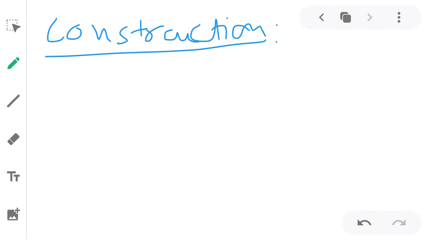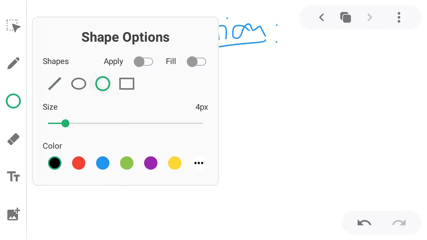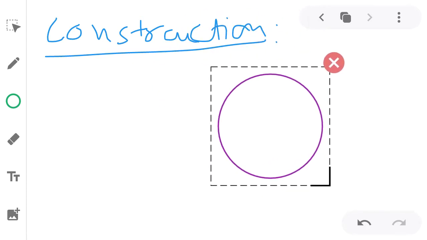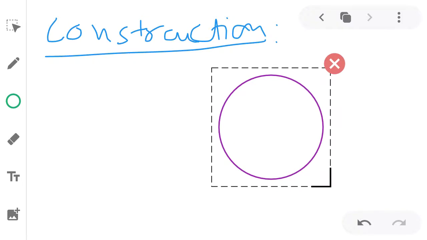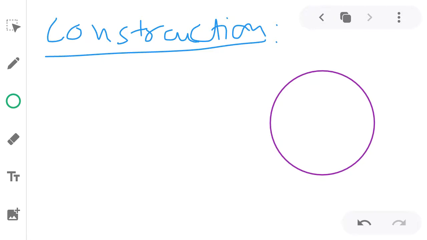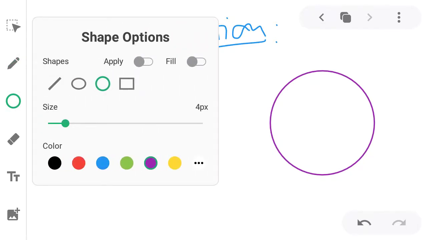What is construction? So let me draw and then explain to you.